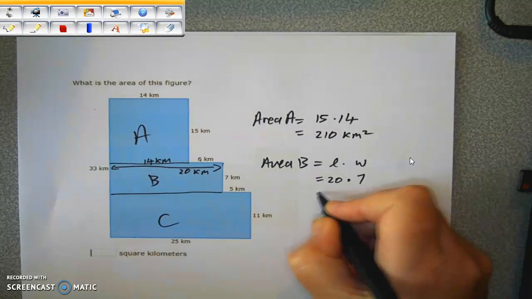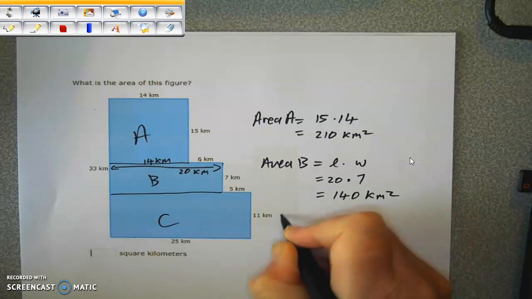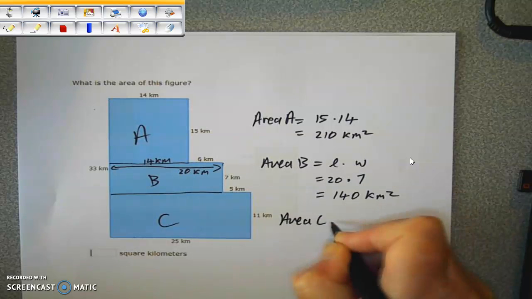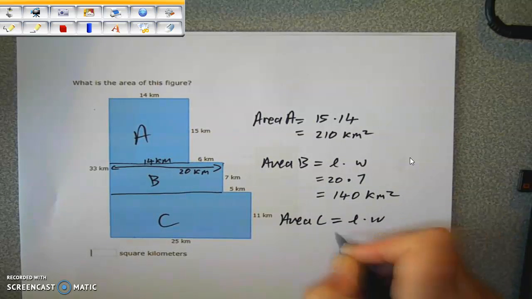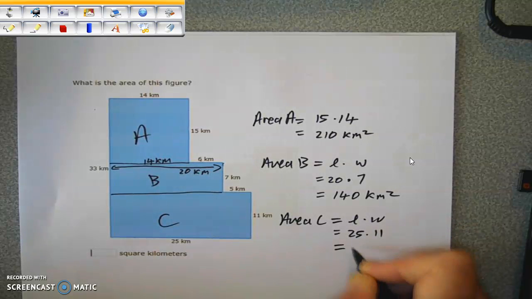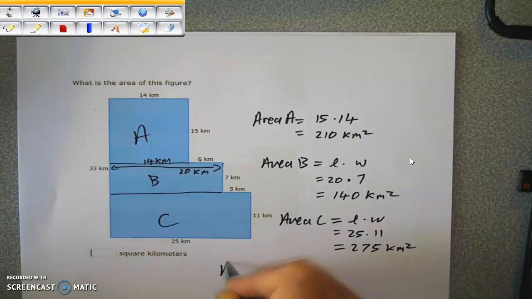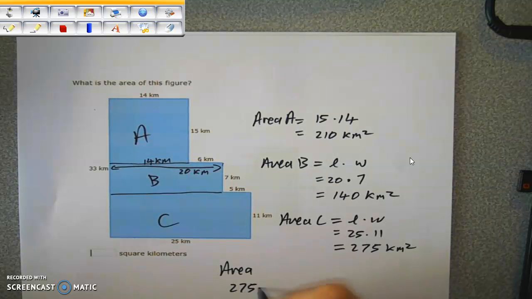So 20 times 7 is 140 kilometers squared. And then area of C is 25 times 11, which is 275. And then we're just adding them all together. 275 plus 140 plus 210.